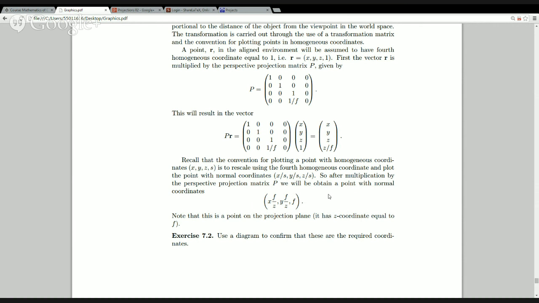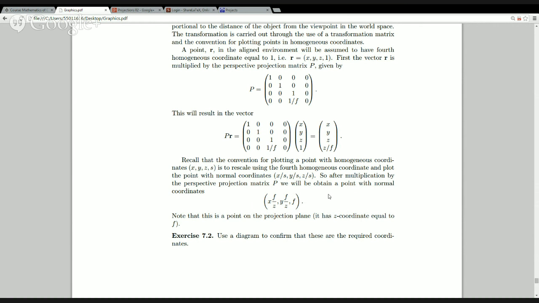So somewhere out here, let's draw approximately here, will be the point R. Now what aspects of R can we see exactly on the page? Because we're looking at the side view, we see exactly the z coordinate of R, using the notation that we set up here in the notes.